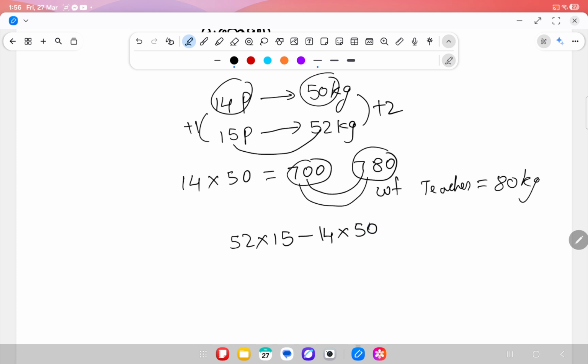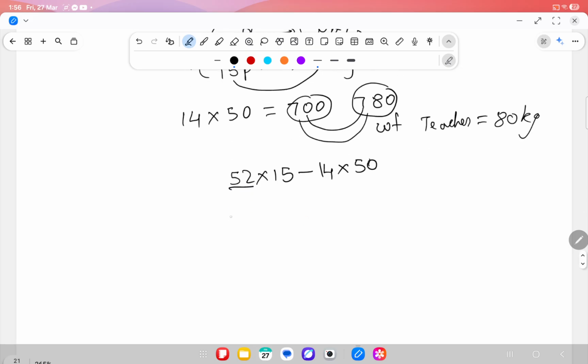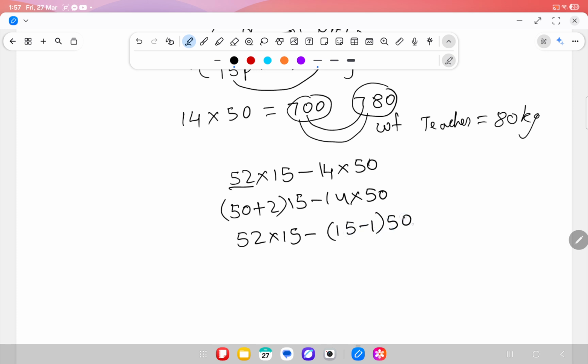Can I write this 52 as 50 plus 2? Then it is 50 plus 2 into 15 minus 14 into 50. Or otherwise, 52 into 15 minus 14 as 15 minus 1 into 50.